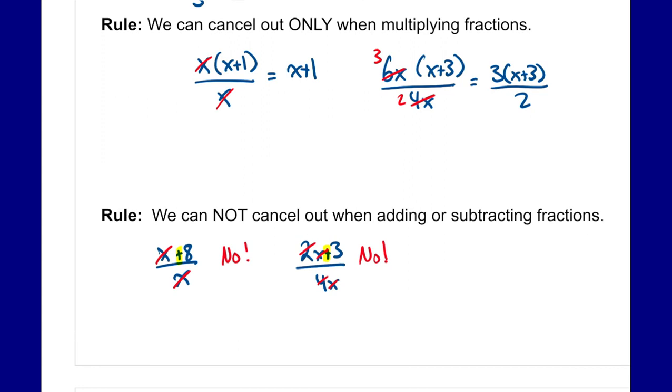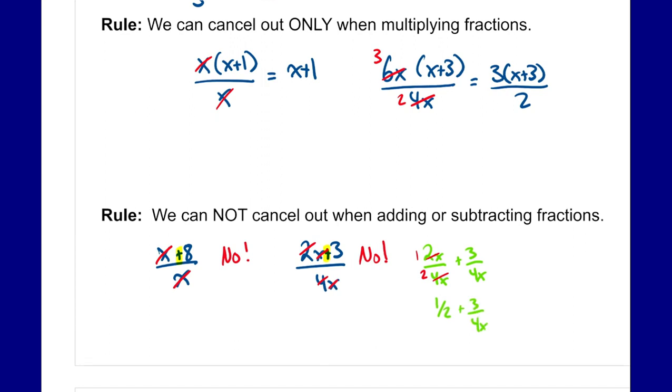Now, what we could do, and we've talked about this a bit in our radicals unit, I could technically say 2x over 4x plus 3 over 4x, simplify the 1. I could then simplify this to make it 1 over 2. So I could simplify it to be 1/2 plus 3 over 4x.